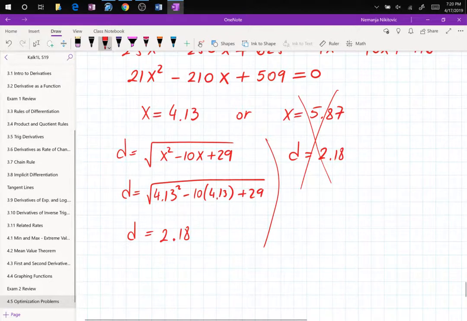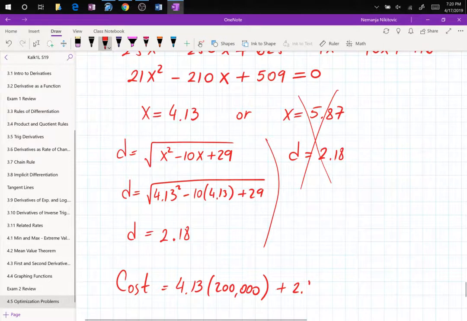Now let's see what is the cost. The cost is going to be 4.13 times 200K plus 2.18 times half a mil.